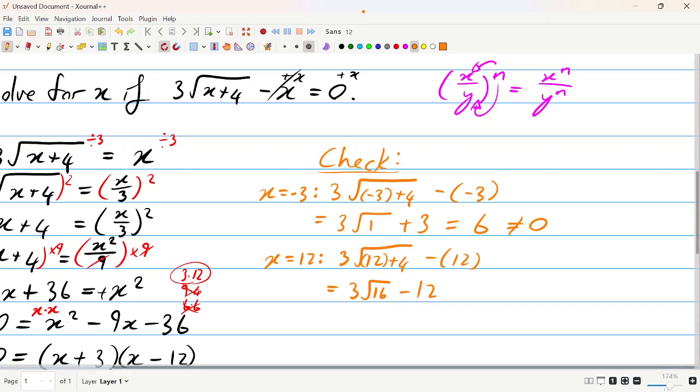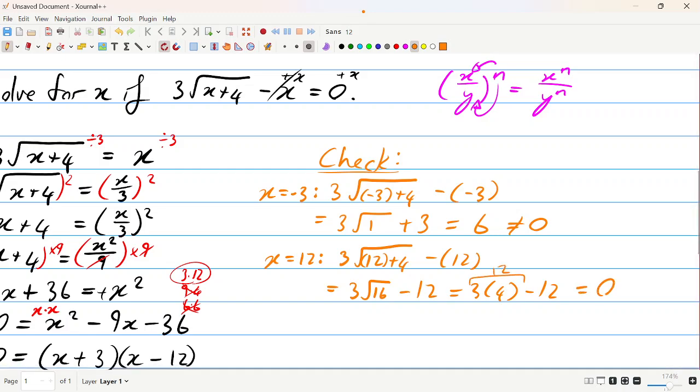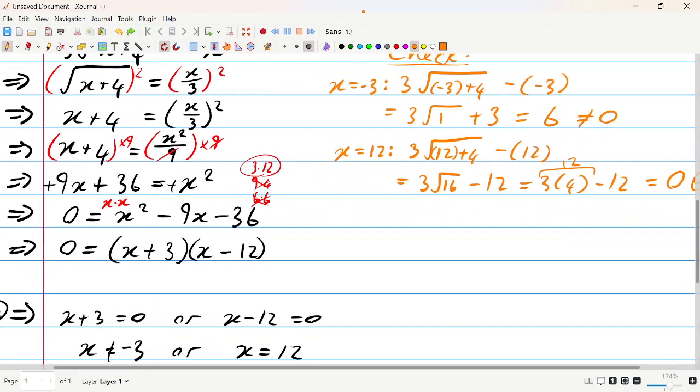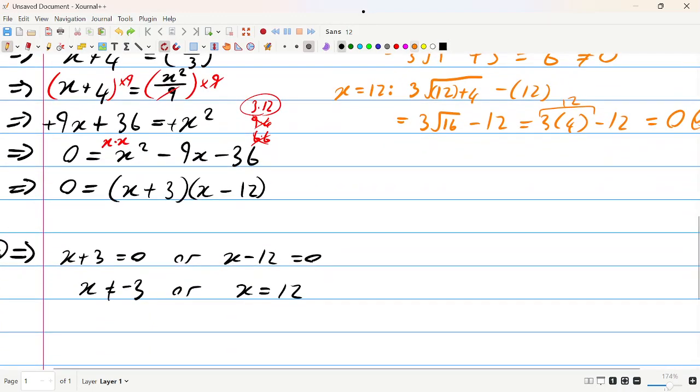The square root of 16 is 4, so it's 3 times 4 minus 12, which is 12 minus 12, equal to 0, and that is true. It is indeed equal to 0. So therefore, we can conclude that x is indeed equal to 12.